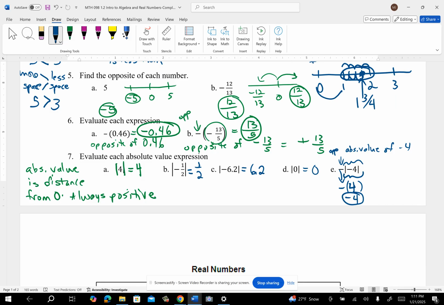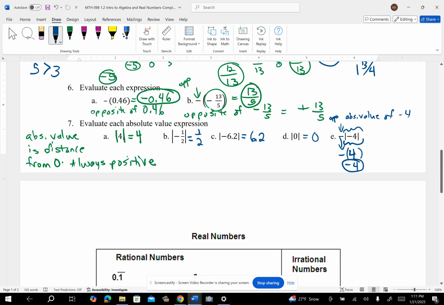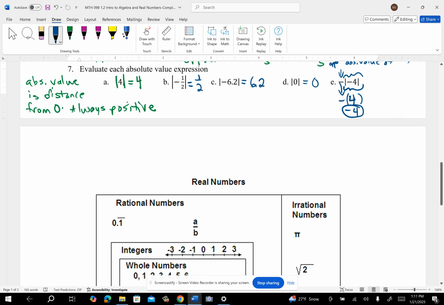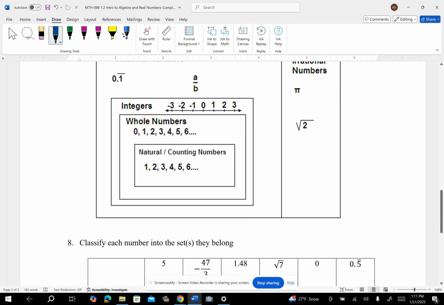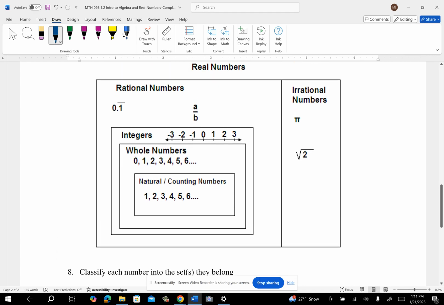All right, and then another thing they get at in section 1.2 has to do with different types of numbers. Okay, and so I just wanted to give you a little chart that helps you, I hope, to see how these sets of numbers fit together. Natural numbers are really nice, like 1, 2, 3 on up. Doesn't include a 0, doesn't include any in-between numbers.